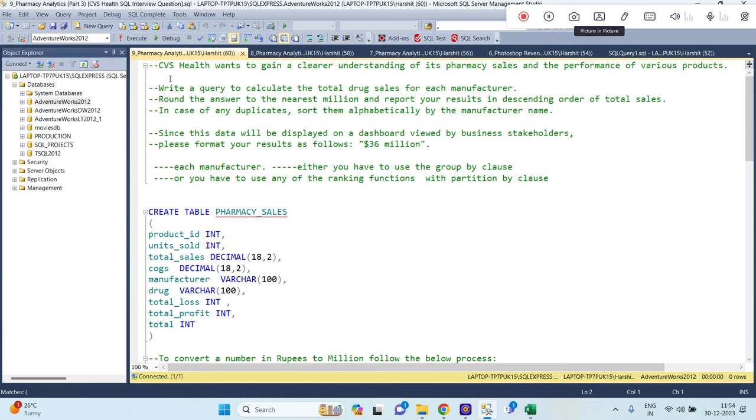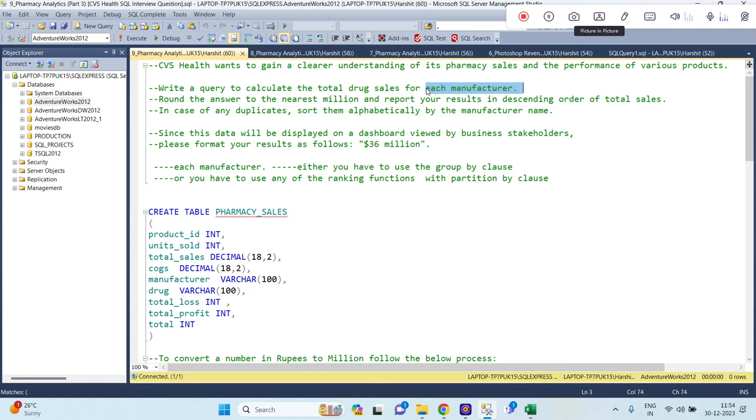In case of any duplicate, sort them alphabetically by manufacturer name. Since this data will be displayed on a dashboard viewed by business stakeholders, please format your result as $36 million, like this.